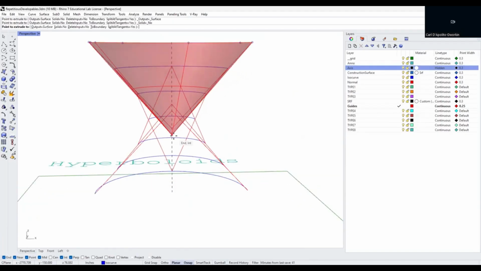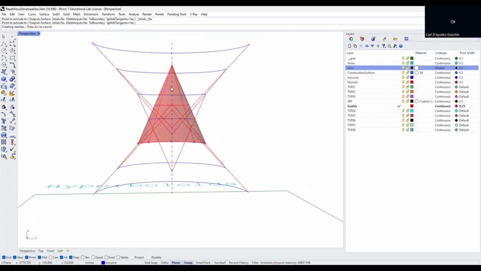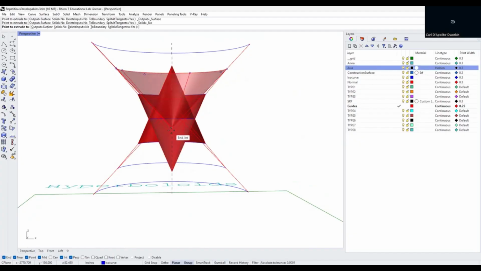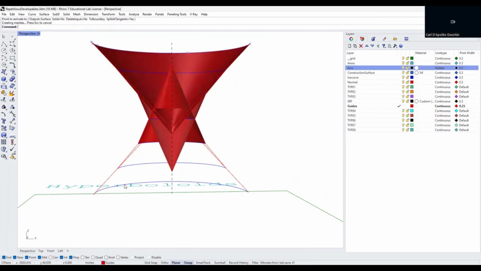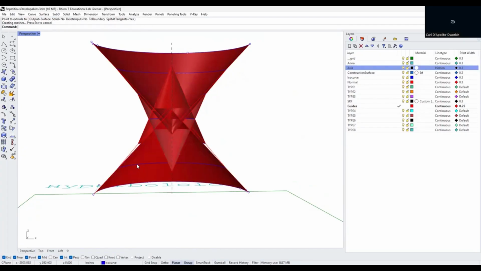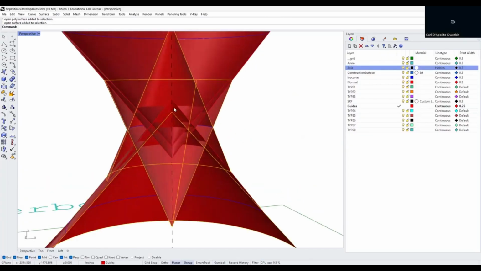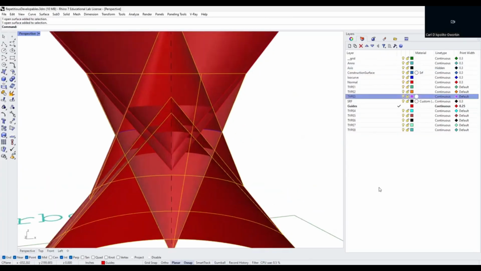That one goes there, this one goes there, that one goes there, that one goes there, that one goes there. Okay. And then let's put these on the layer so we can see them.